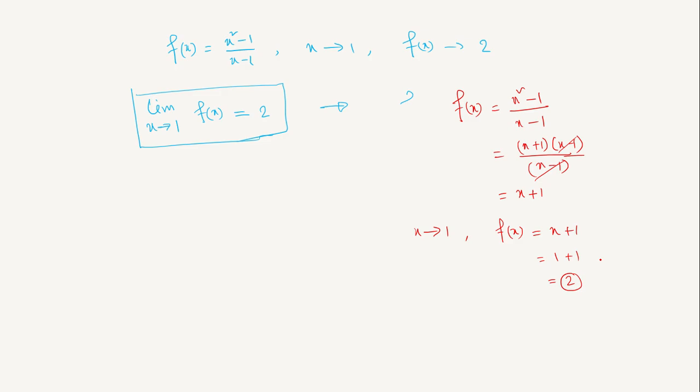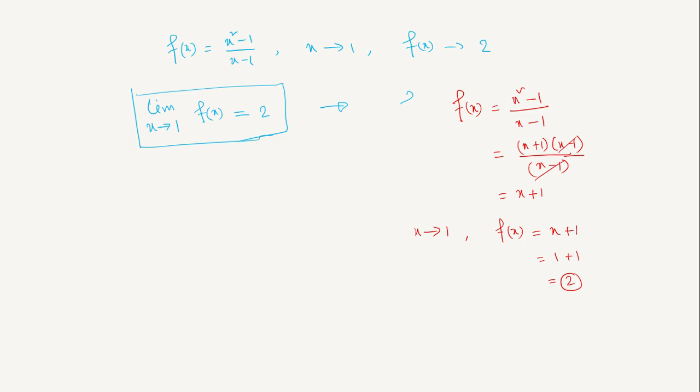Basically, that is the use of limit. While you can't find the exact value of a function at a certain value of x, we can easily determine the approaching value of f of x using limits.